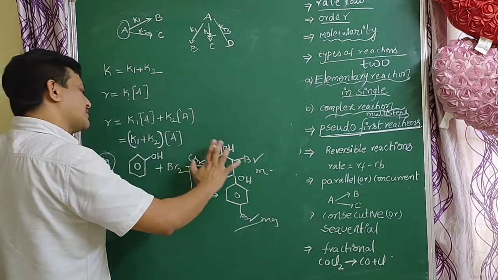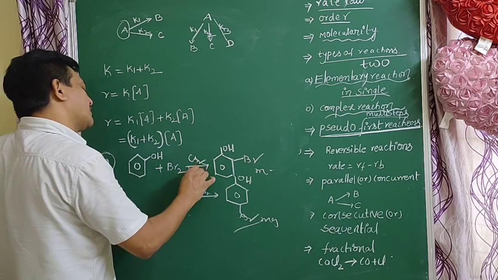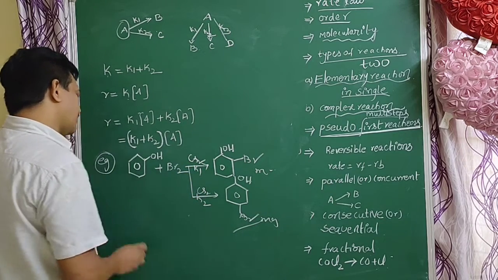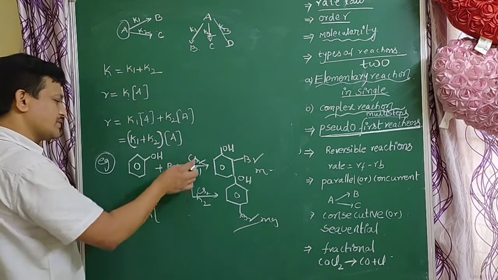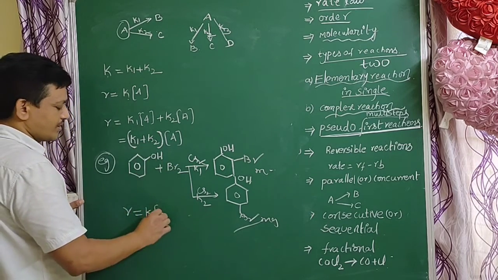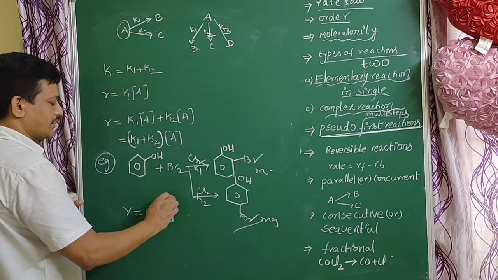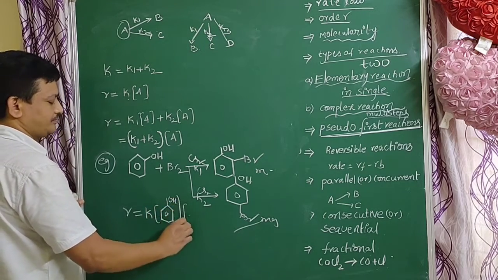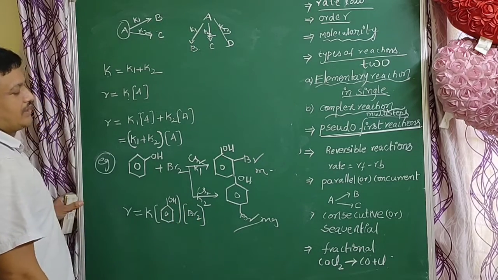This type of reaction is called a parallel reaction. For a parallel reaction, this is K1, this is K2, so rate equals K, where K means K1 plus K2, depending on the particular reactants. So these are parallel reactions.